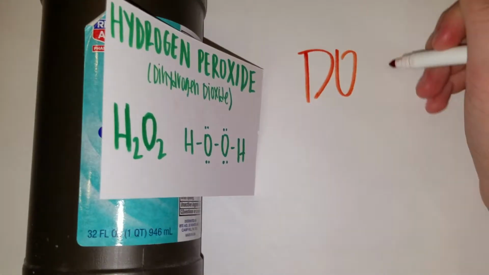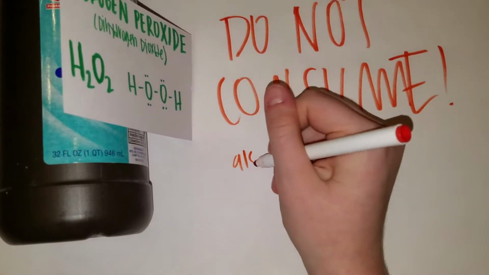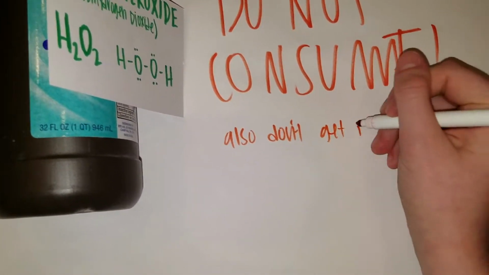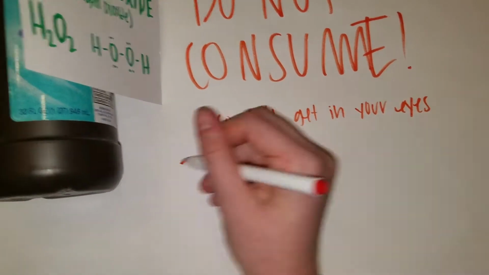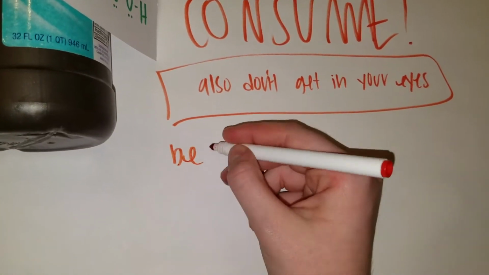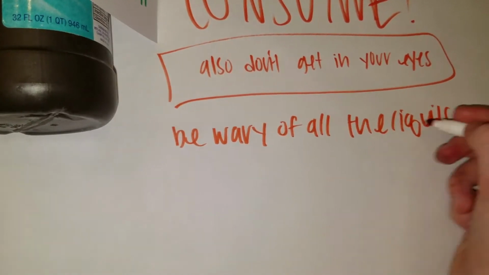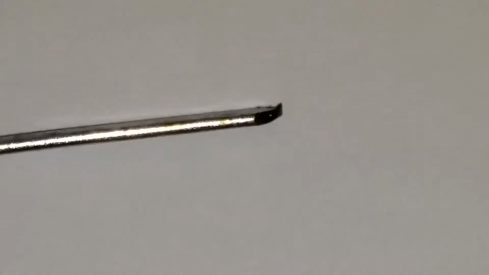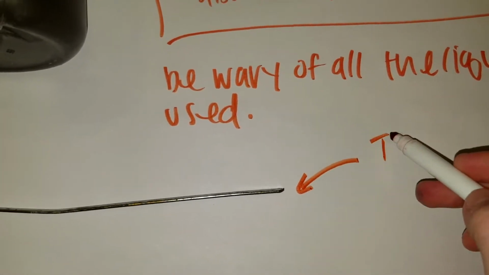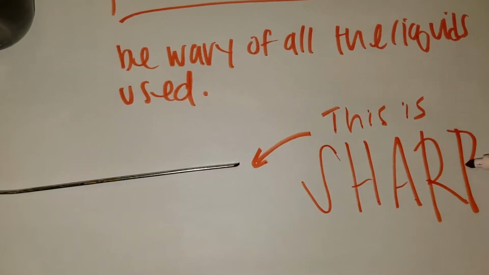Next up, some of the cautions right before you start your lab: do not consume the hydrogen peroxide or any of the liquids. Don't get it in your eyes, don't rub your eyes. Maybe you should wear gloves to be extra safe. It will burn. Be wary of all the liquids, especially with the food coloring in there. Also, this stabby thing that you're going to use to stab the top so that the stream of water can come out is very sharp.